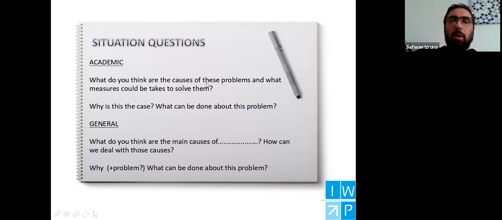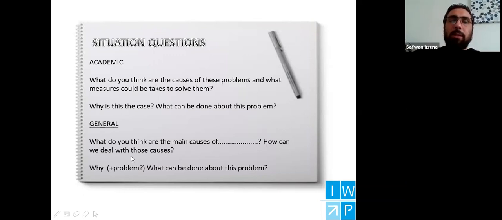What are the causes of these problems? What measures could be taken here, not an S. So these are the wordings that came from the Cambridge examination books. And here we have general. What do you think are the main causes?